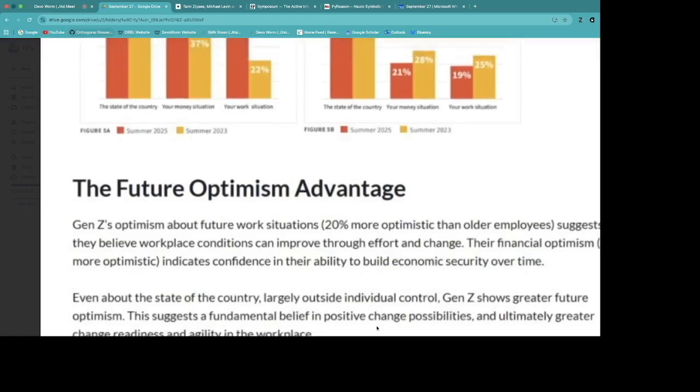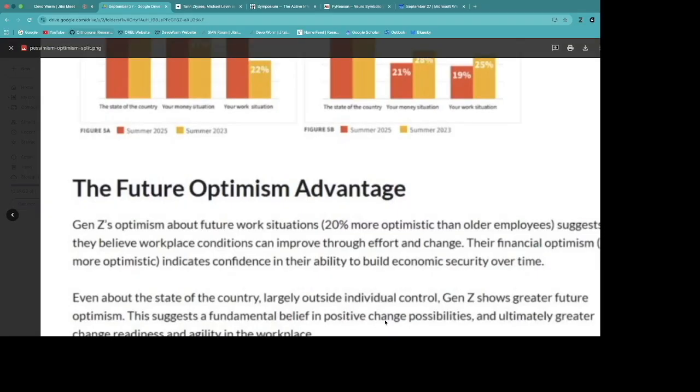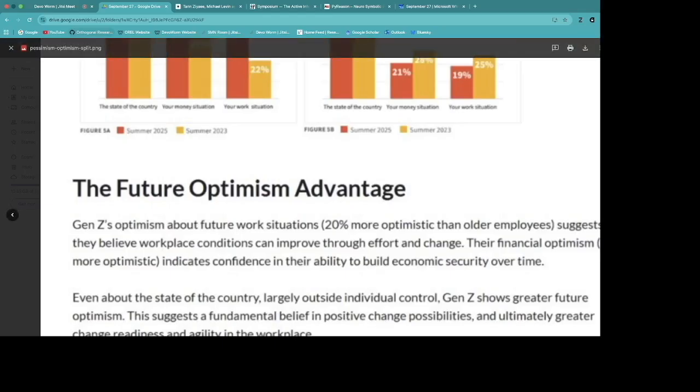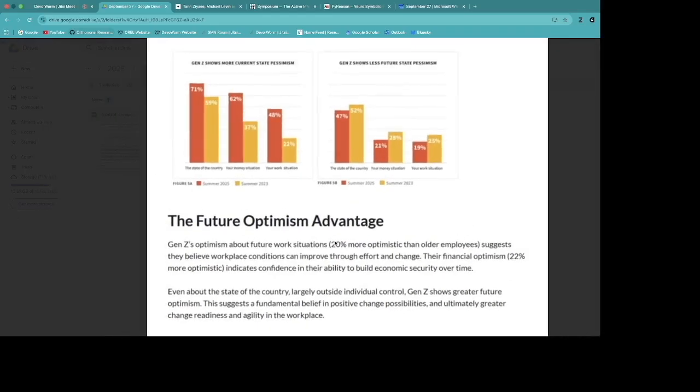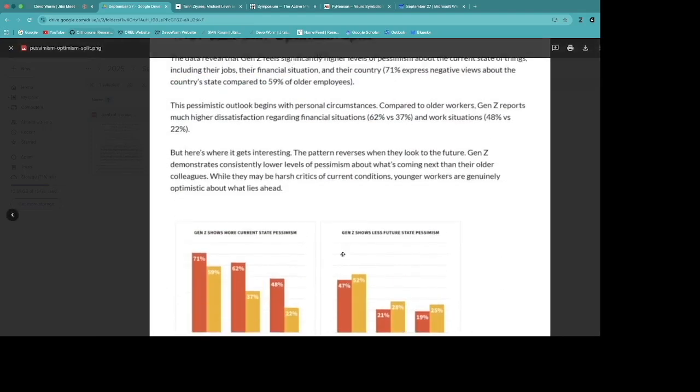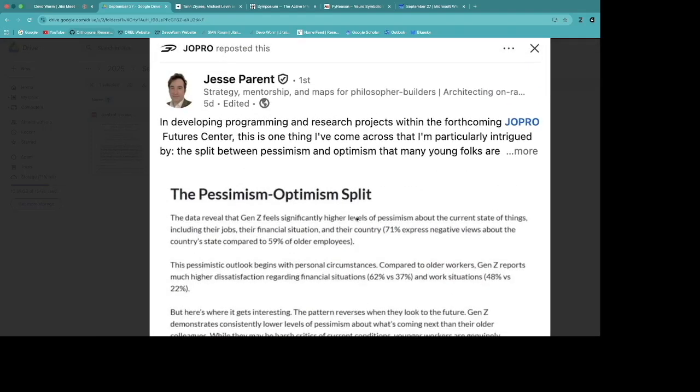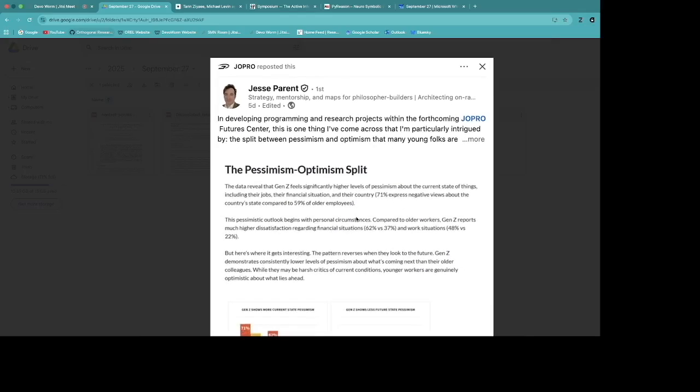Even about the state of the country, largely outside individual control, Gen Z shows greater future optimism. This suggests a fundamental belief in positive change possibilities and ultimately greater change readiness and agility in the workplace. And so this is one of the things that Jesse's trying to work out with his GeoPro Futures idea. So yeah, I think he's got some interesting things to say about that.